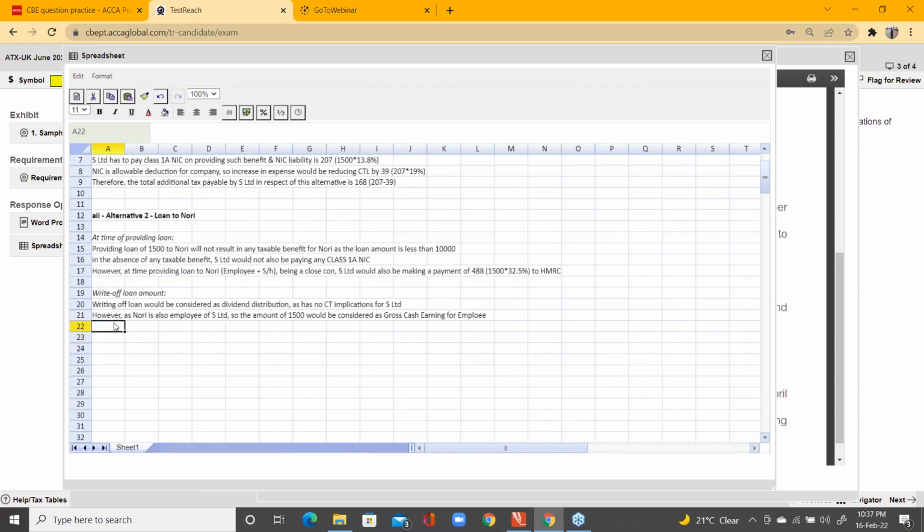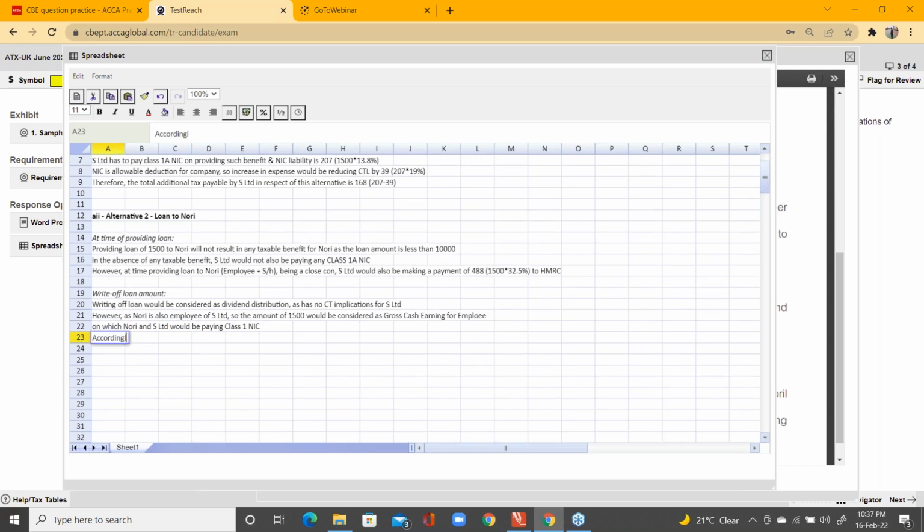S Limited would be paying class 1 NIC on gross cash earnings.